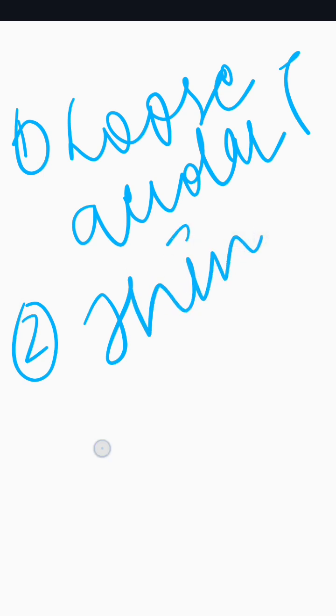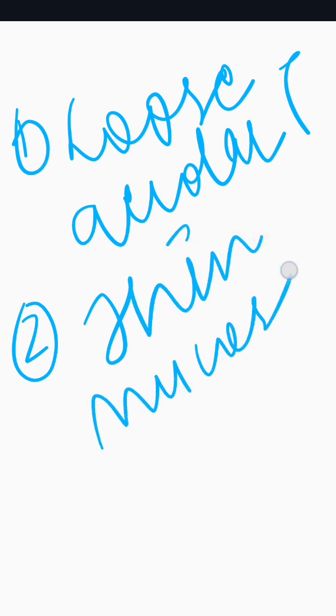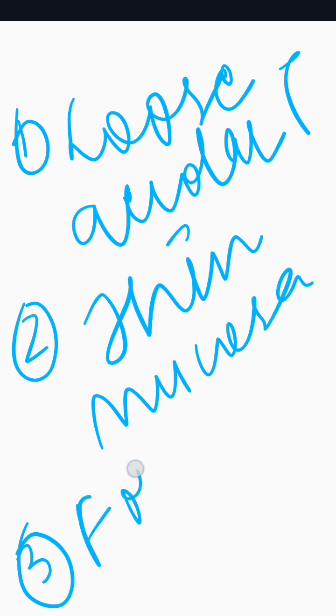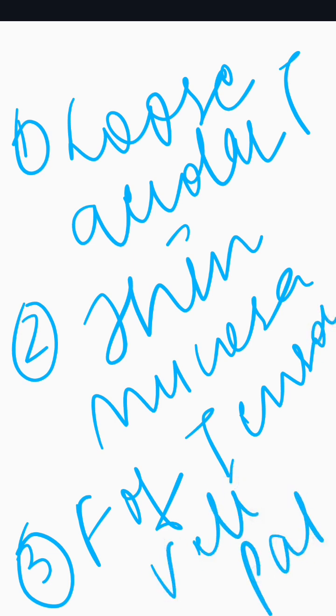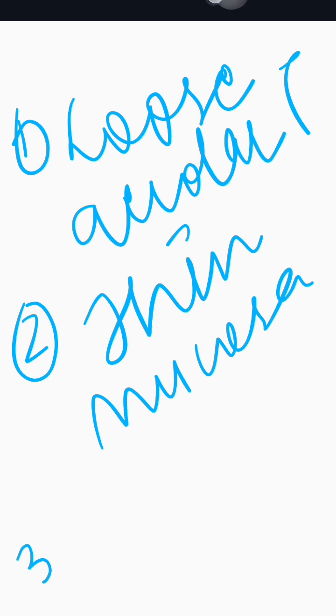Second, the area present here has very thin mucosa, and also it receives the fibers of which muscle? The tensor veli palatini muscle. So due to these weaknesses, these are nothing but weaknesses of this area, we should never extend our denture beyond the hamular notch.